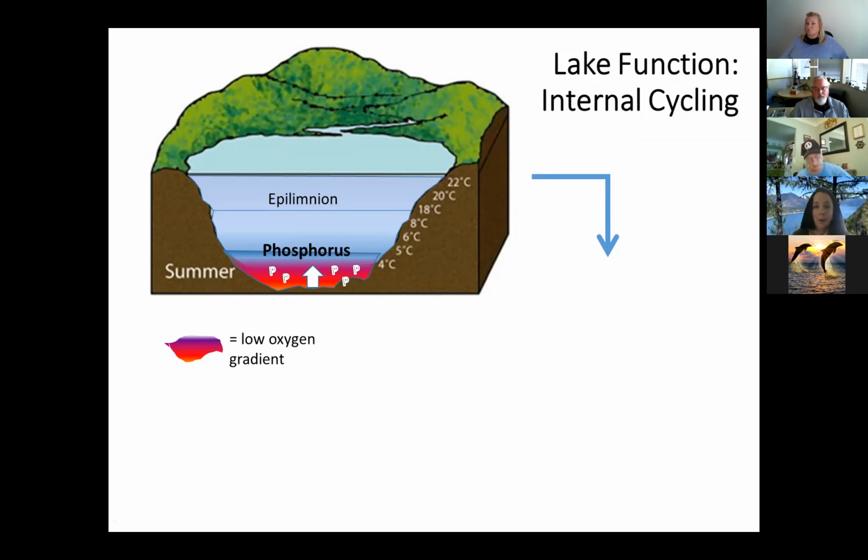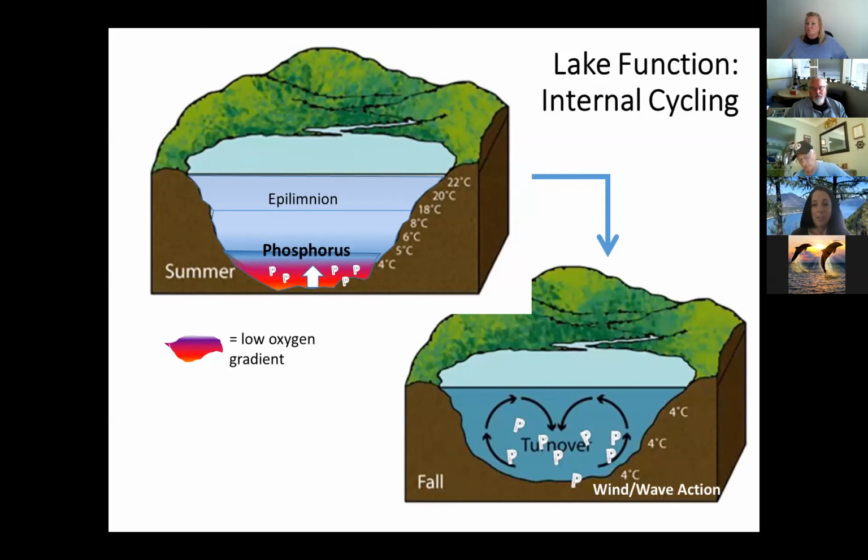Well, in the low oxygen situation, that phosphorus that was bound to sediment is released into the water column, so it becomes soluble. So under those low oxygen or anoxic conditions, you get a release of phosphorus into the water column. And in this particular situation, it's in that hypolimnion, which is the lowest section where the coldest water is.